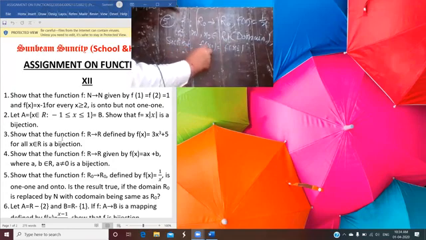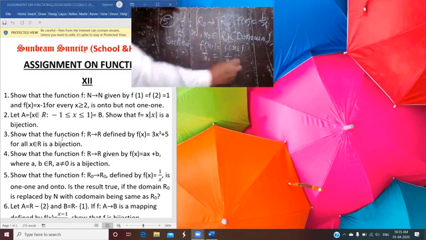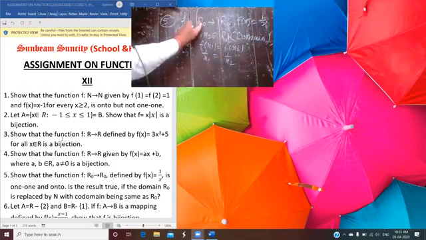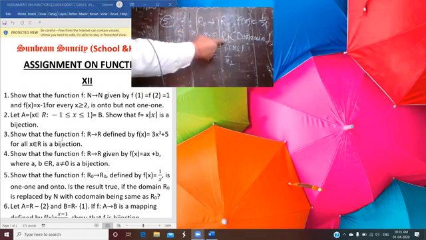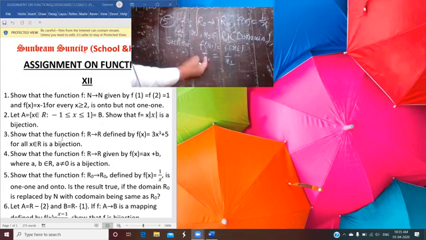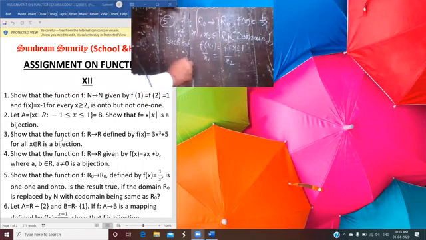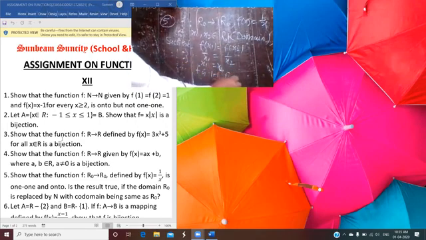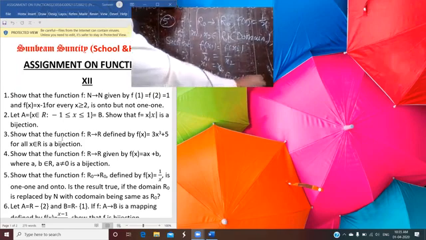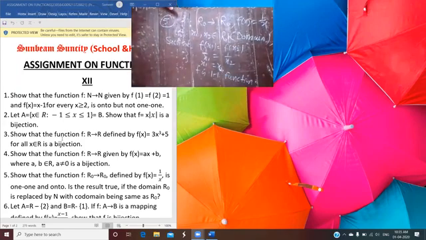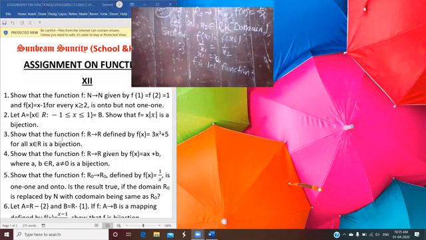This implies 1/x1 = 1/x2. Here it is already given that x belongs to R0, meaning non-zero real numbers, so 1/x1 and 1/x2 are defined. Taking reciprocals, x1 and x2 are equal. So you can say f is a one-one function.